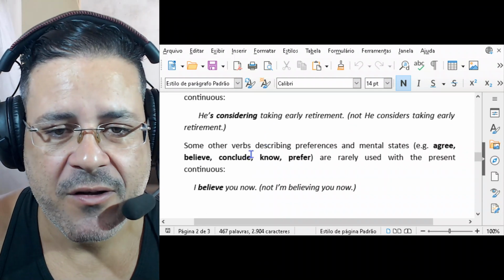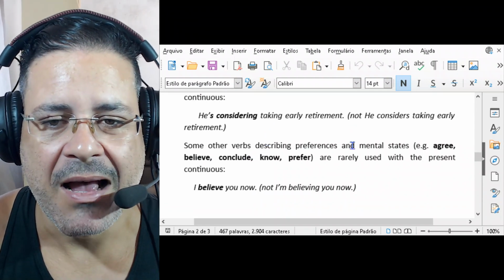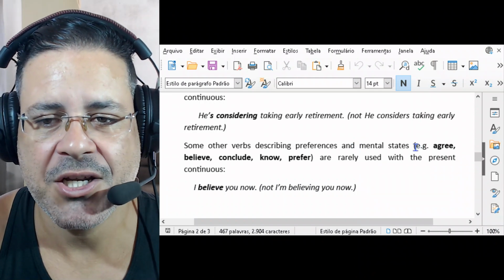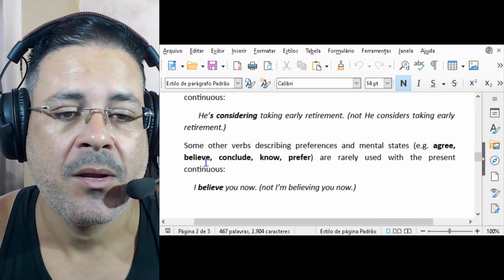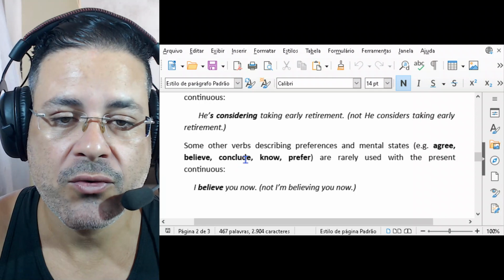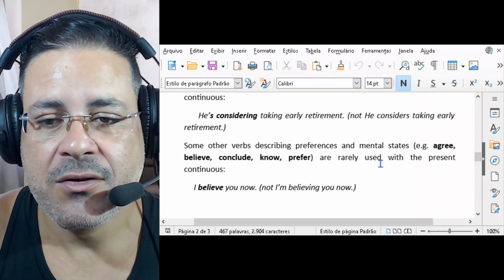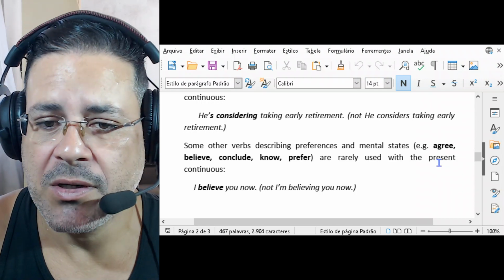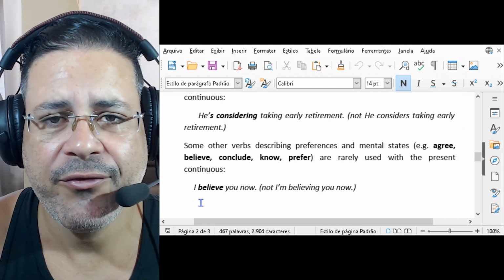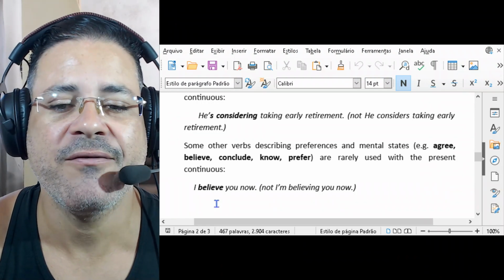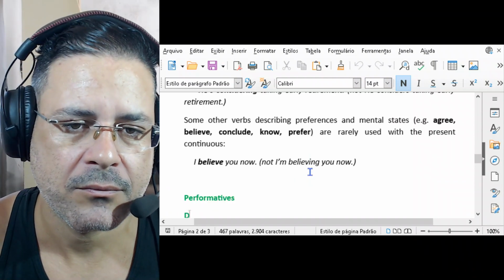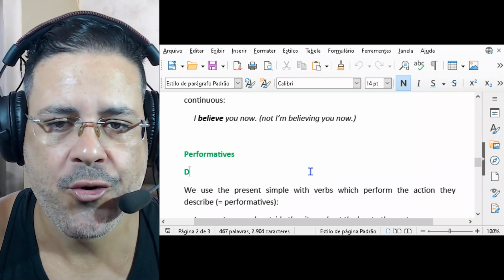Some other verbs describing preferences and mental states, e.g., agree, believe, conclude, know, prefer, are rarely used with the present continuous. So, for example, I believe you now, not I'm believing you now. Okay, let's go through the next section.